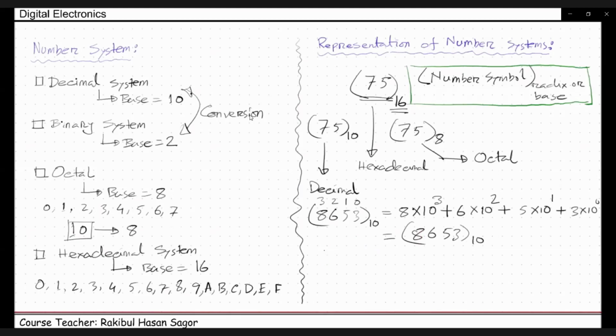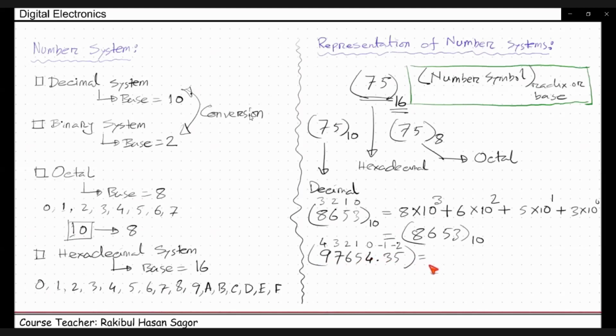Now what about the fraction? If we have 97,654.35, this is the 0th position, 1st position, 2nd position, 3rd position, and 4th position. For the fractional part, as we go to the right, we need to put a minus and increase the value: -1, -2. In this way we proceed.